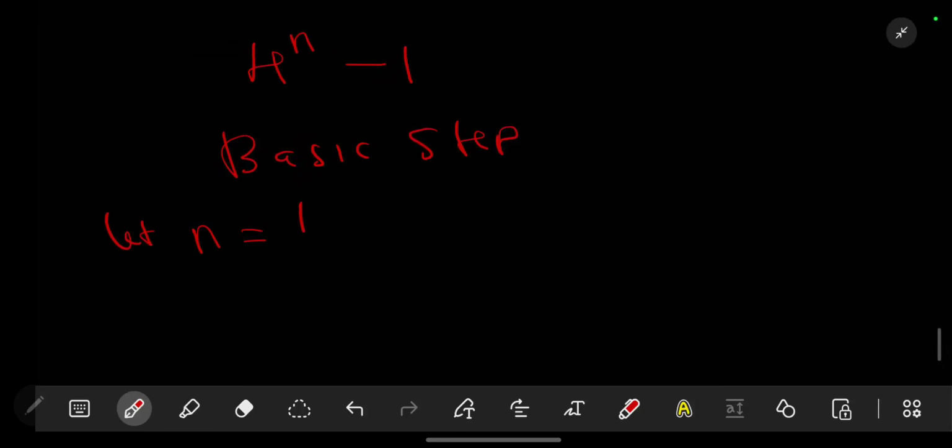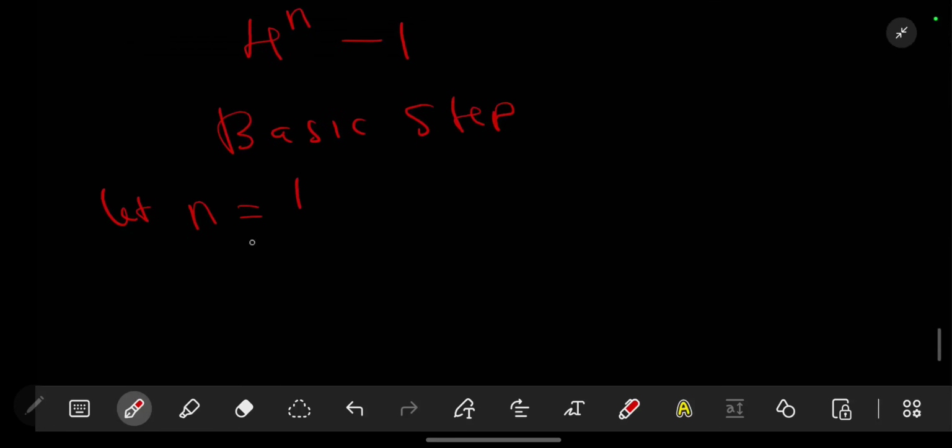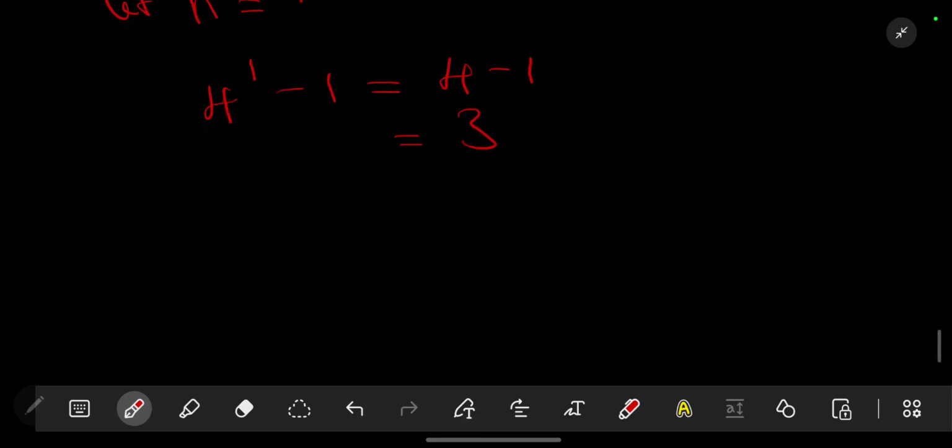So we begin with the basic step. We let n be equal to 1, so that we see the value it will give us. It will be 4 to the power 1 minus 1, which is 4 minus 1, which will be 3, like that.